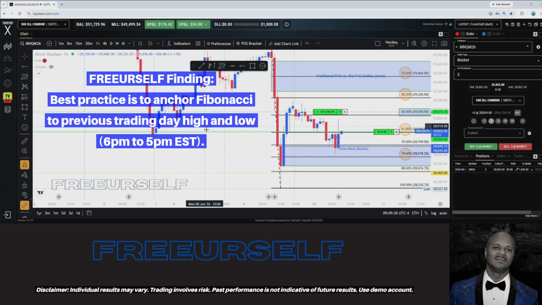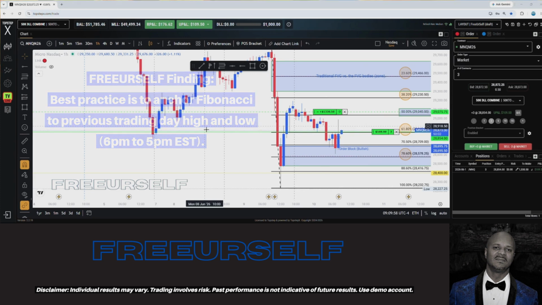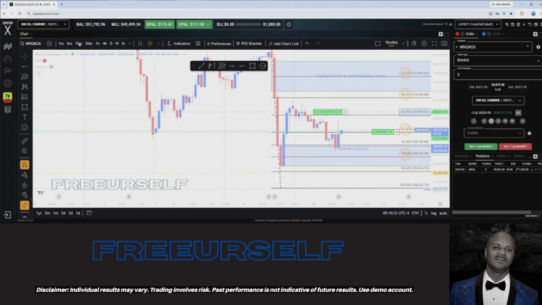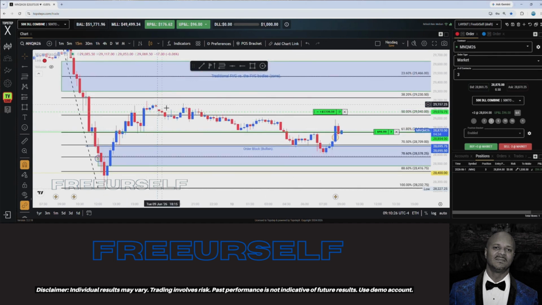I'm referring to from when the market opens at 6 p.m. Eastern to when the market closes at 5 p.m. Eastern the following day. The point is, you want to look at the previous trading day and then identify the different areas of the Fibonacci, as you see on the screen.